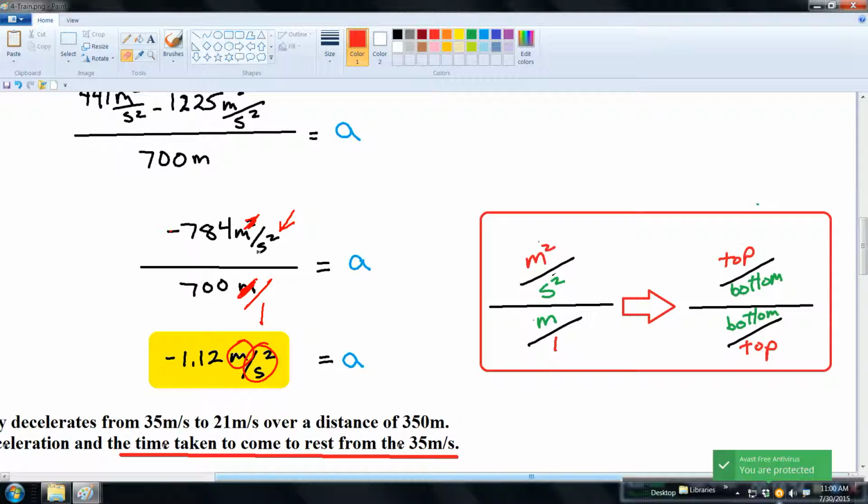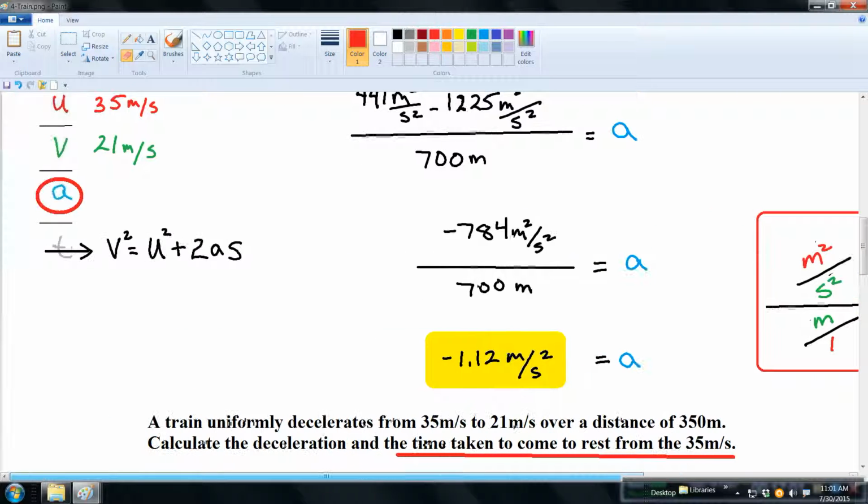And our negative sign persists. Remember, I told you that this train is decelerating, so if we set up all our signs and enter our data right, we'll come out with a negative acceleration, and we did. So the train is decelerating at a minus 1.12 meters per second squared.